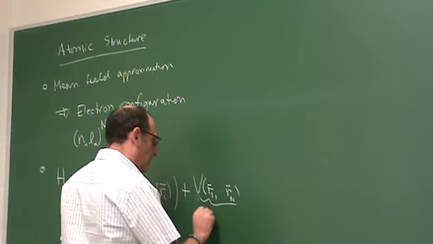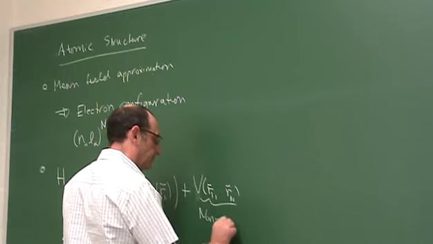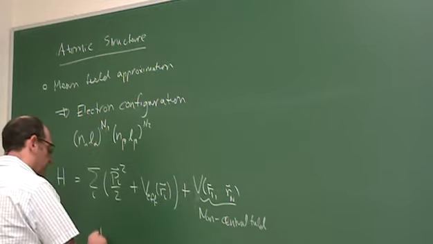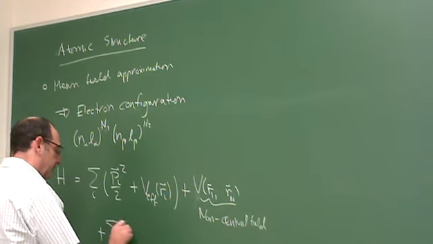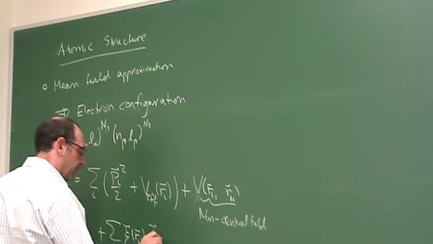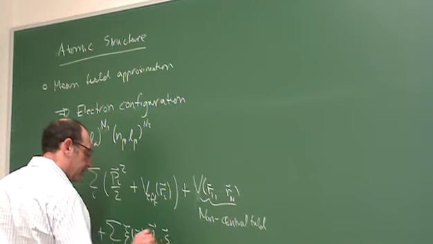And this was our non-central field correction. And then, of course, we have things like spin-orbit coupling, and if we wanted, other relativistic corrections.